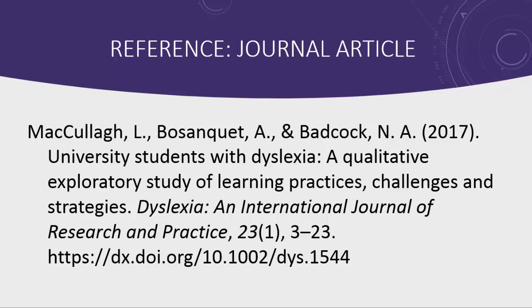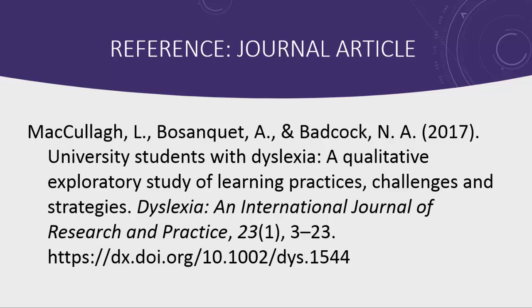Do not give an issue number if one has not been provided. If an issue number has been provided, you will place it in parentheses directly after the volume number with no space in between. Place a comma after the parentheses, a space, and then give the page numbers. Here we have page numbers 3 through 23.